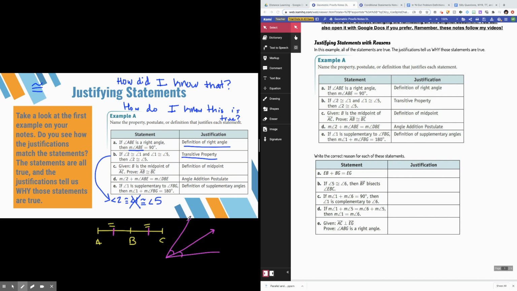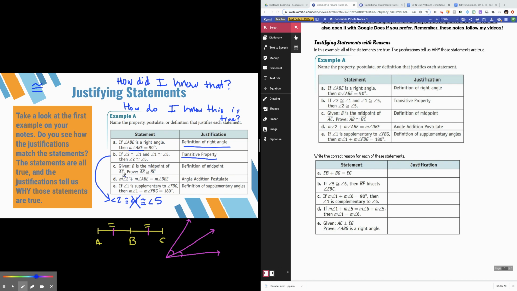That means those are congruent. That's the symbol that we use. So if we say B is the midpoint, that means the parts are equal. That is the definition of the midpoint. That's how I knew that these two parts were congruent.